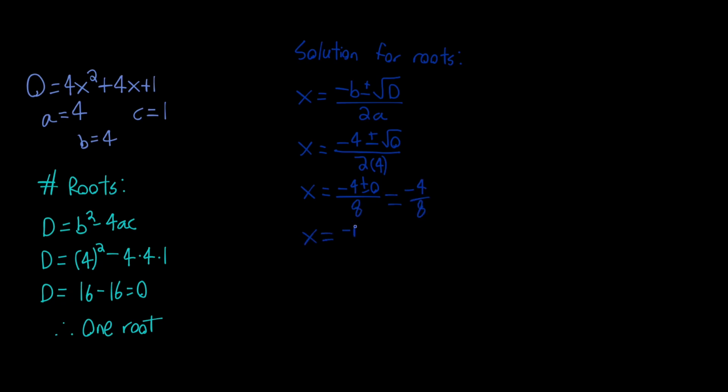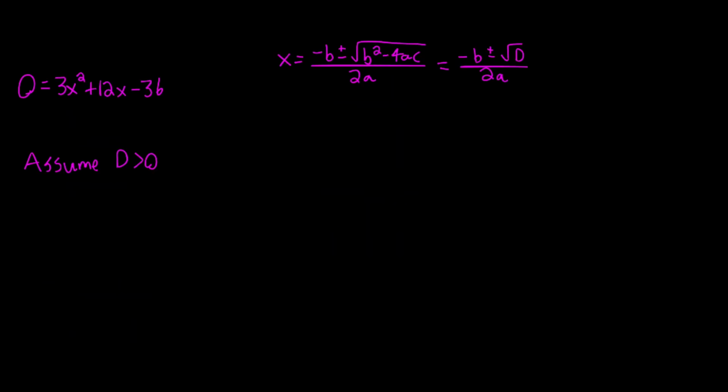Now that's equal to negative 1/2, or 0.5 if you prefer it in decimal form. So this root right here is actually the x value of the vertex. And we'll come back to what that means later on. But for now, just know that if the discriminant is equal to 0, that tells us that there is only one root of the function.